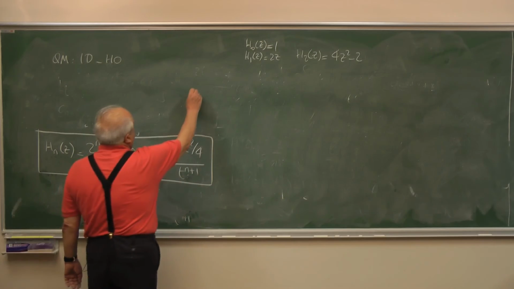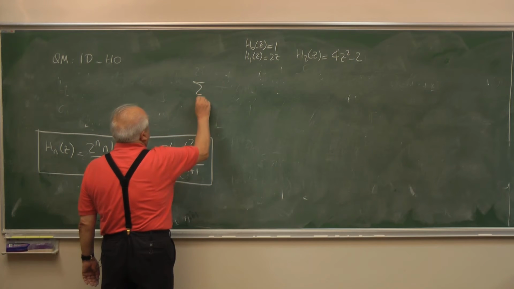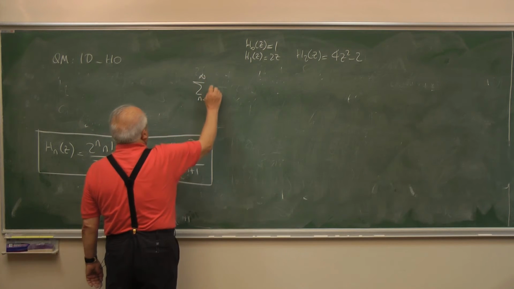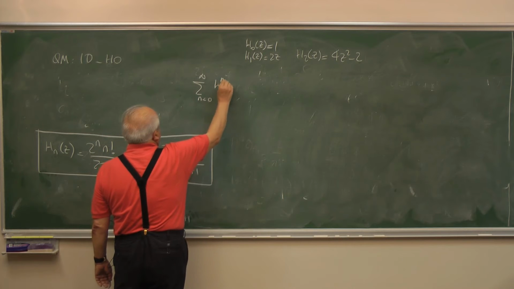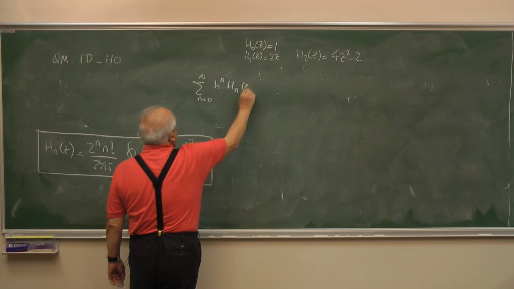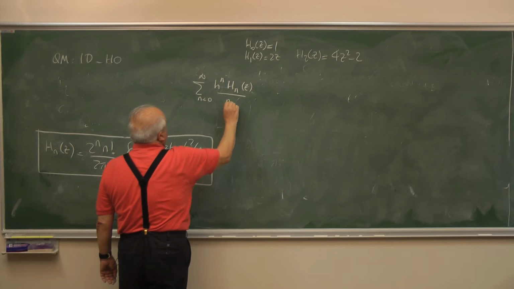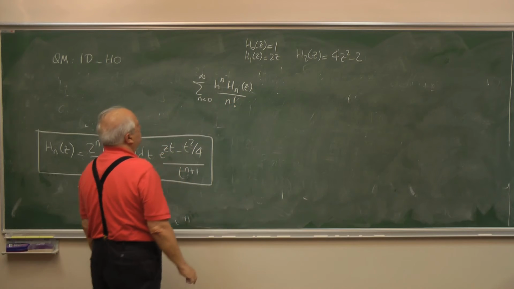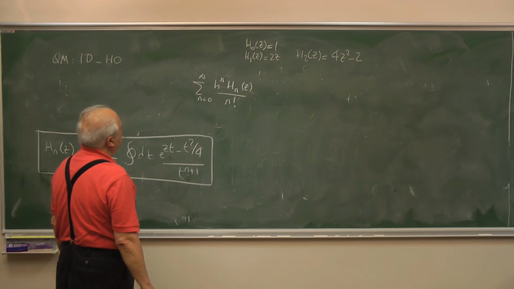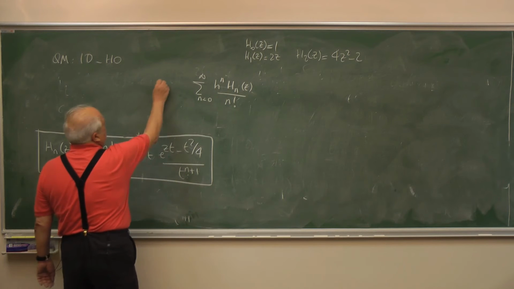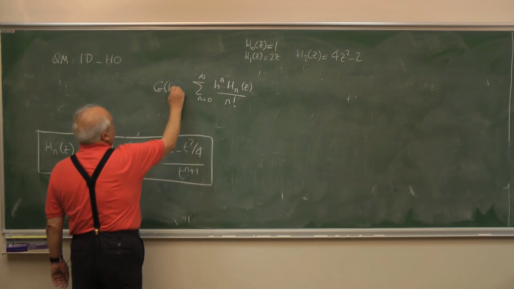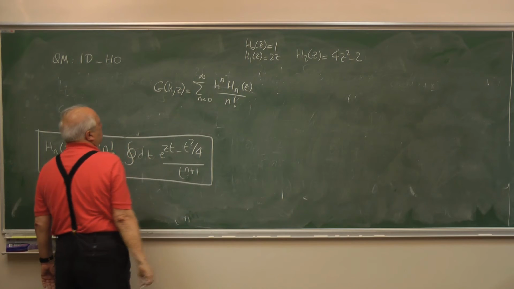Let us construct, for example, the sum over n from 0 to infinity, h to the n, Hn(z) over n factorial. And let us call this the generating function G(z,h).